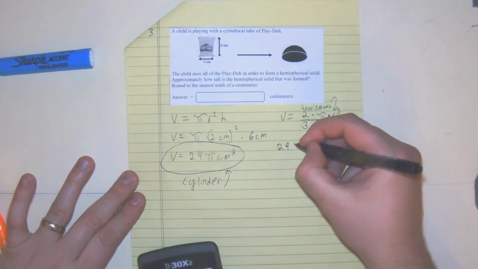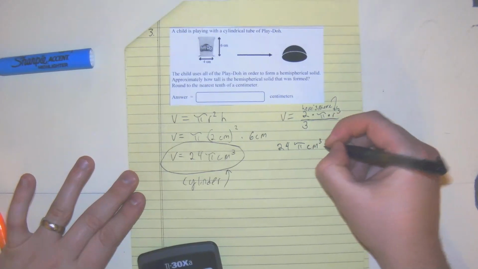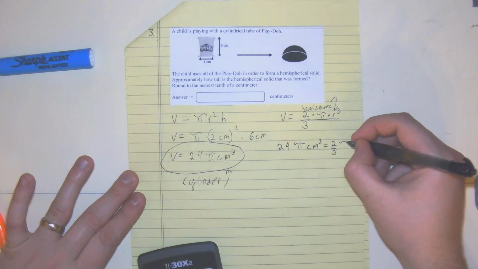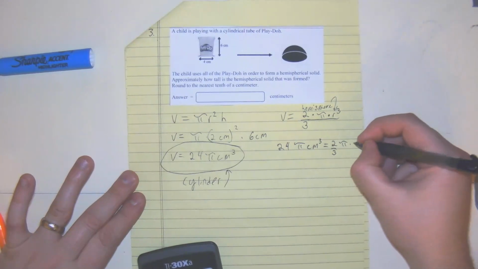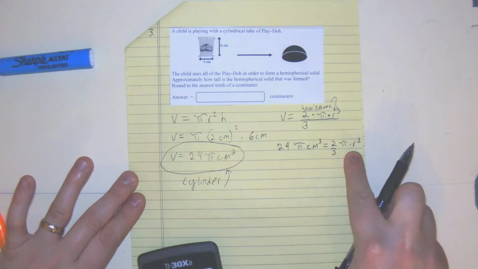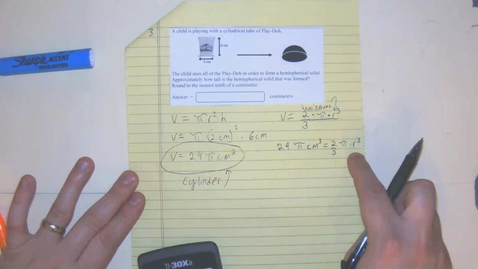So we're going to plug this in. 24 pi centimeters cubed is equal to 2/3 pi times r cubed. So the first thing I see is on the right hand side we're multiplying 2/3 by pi. So I'm just going to do it one step at a time.